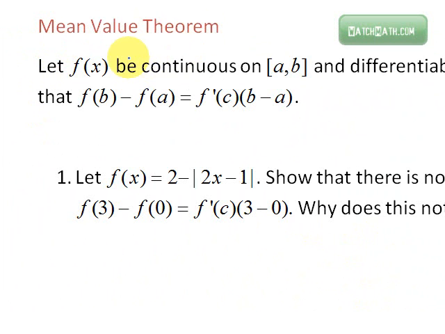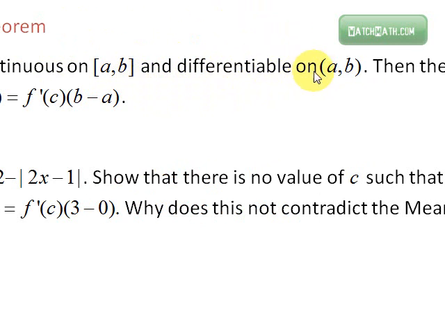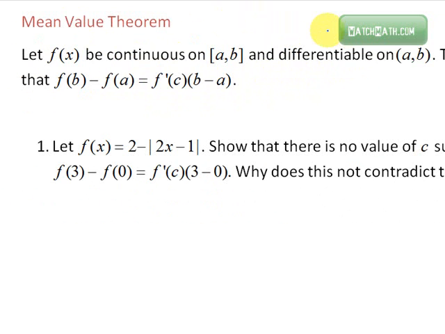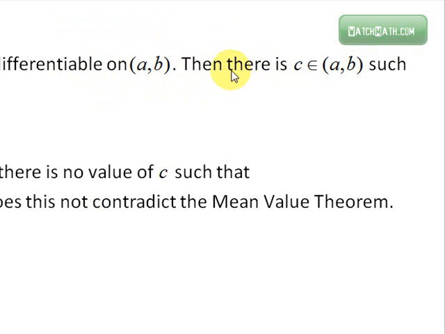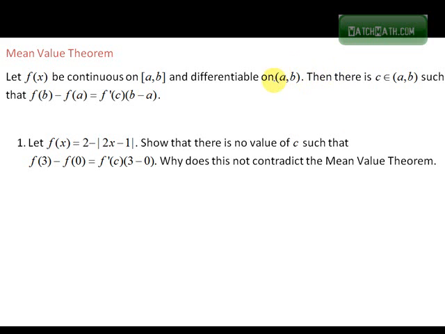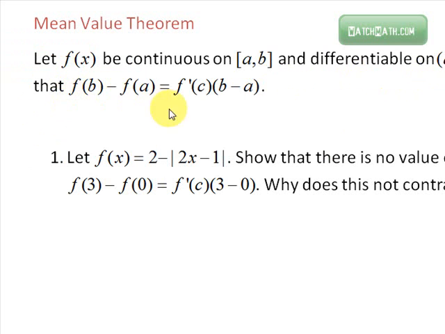So what does the mean value theorem say? It says that whenever we have a function f which is continuous on the closed interval and differentiable on the open interval, so let me repeat again, we need our function to be continuous on the closed interval and differentiable on the open interval, then the conclusion is that we can find an element, say c, in the open interval such that this equation holds true.